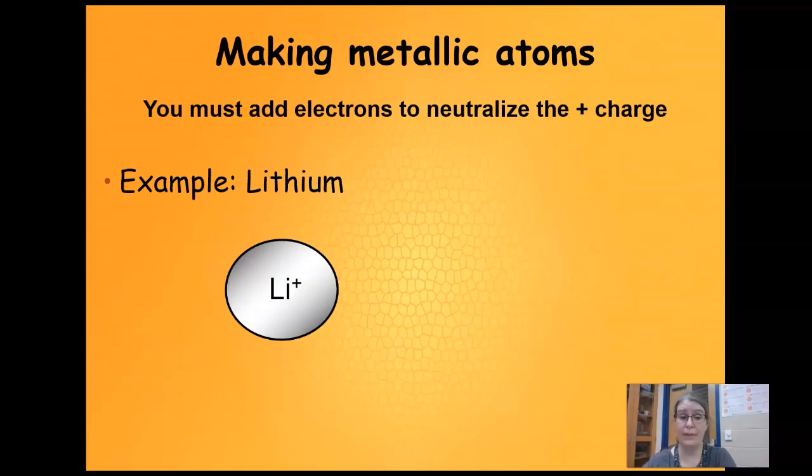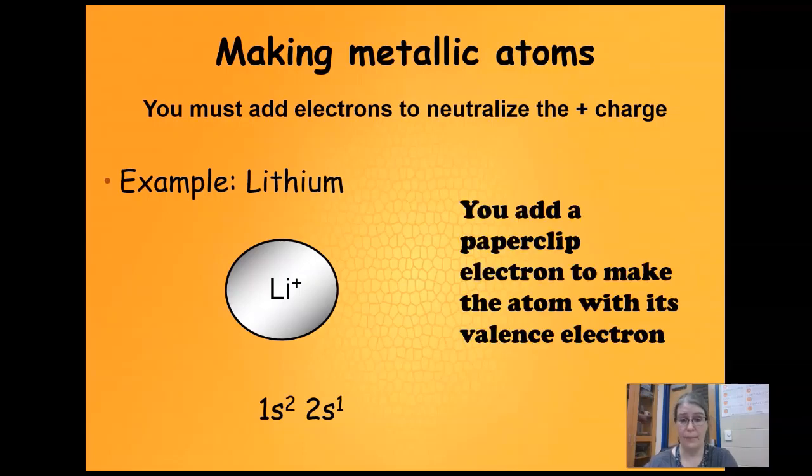So for example, if I'm using lithium, it would come in the bag as lithium 1+. That means to make a lithium atom, I need to add back that valence electron because I know lithium should have 3 electrons. So I add a paperclip to this atom, and now I have 1s2, 2s1. I've added back that valence electron. So now I have lithium metal, and I can use it to make a compound.